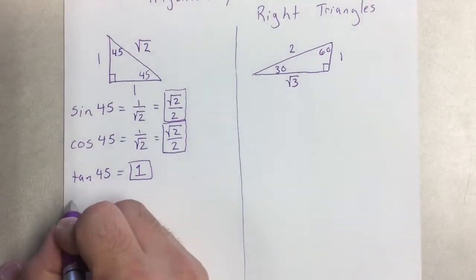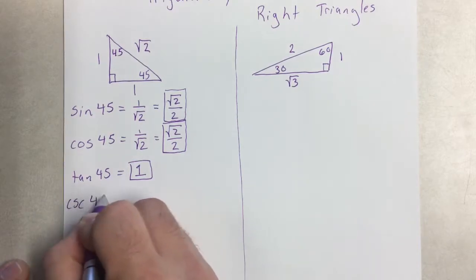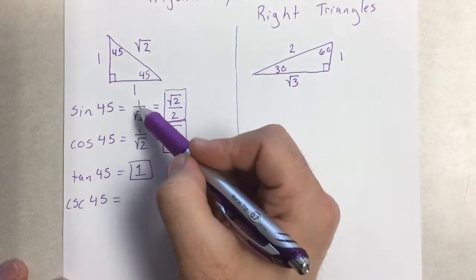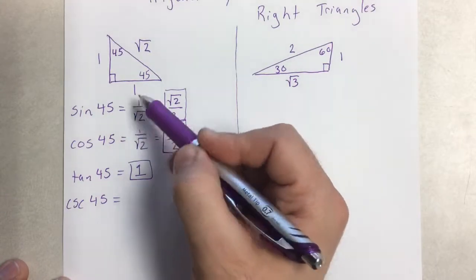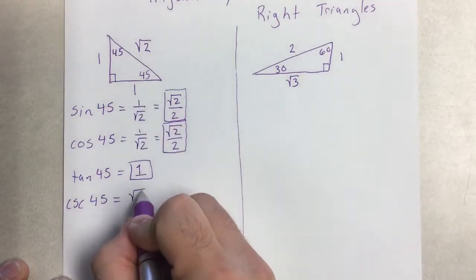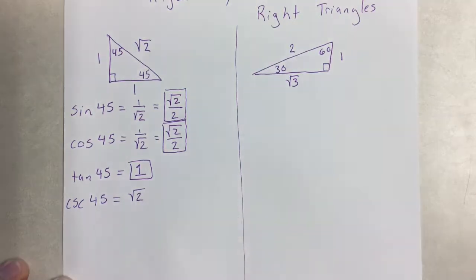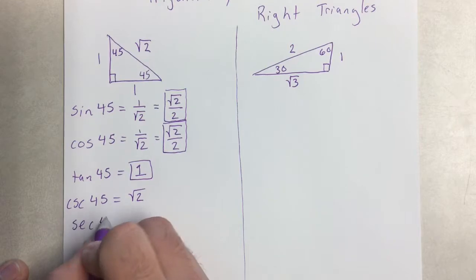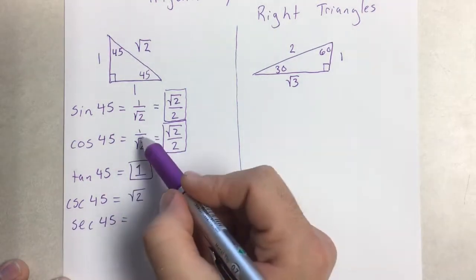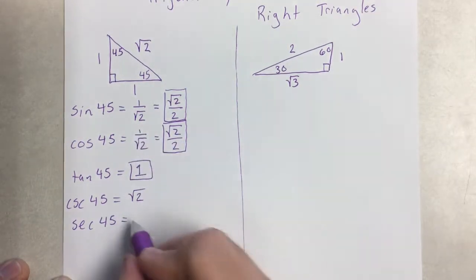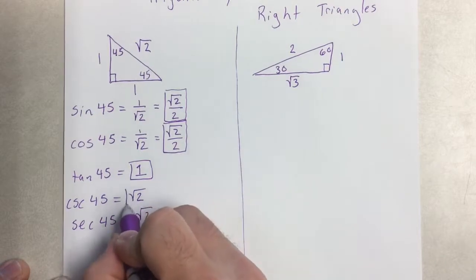And then we have cosecant of 45. Well, I just look at sine and take the reciprocal, so square root of 2 over 1, or just the square root of 2. Secant of 45, same thing, square root of 2 over 1, or just the square root of 2.